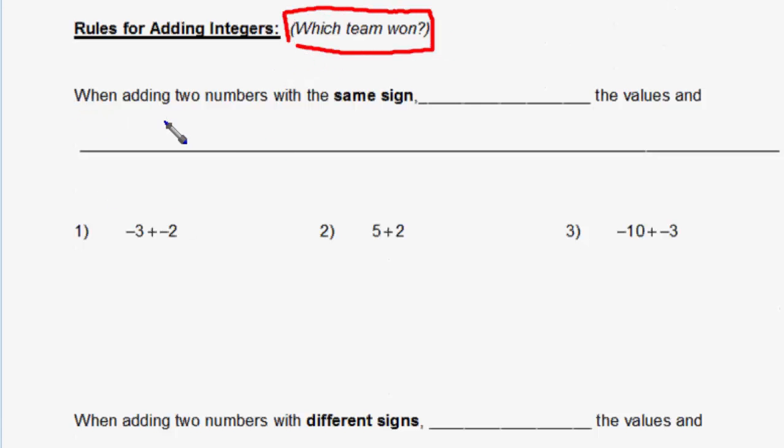But our first rule is when you're adding two numbers that have the same sign, so they're either both plus, so a positive plus a positive, or a negative plus a negative.